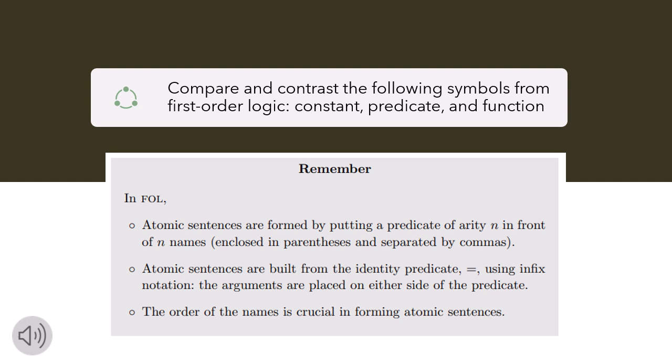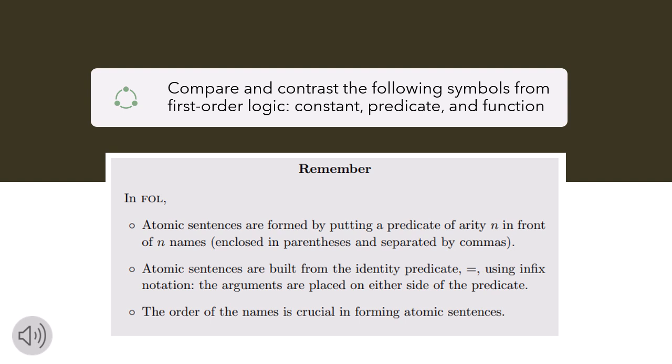So there'll be some sort of complex term on the left side of that equal sign and a complex term on the right side of that equal sign. And those predicates will be true precisely when they're the identical or same objects in that particular setup, or whatever it is that we're trying to describe with our first order theory.